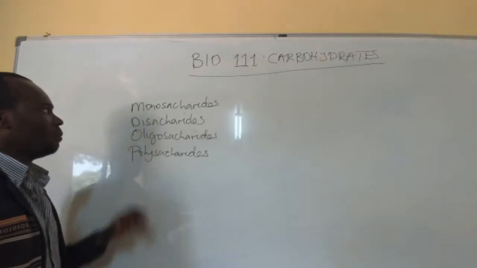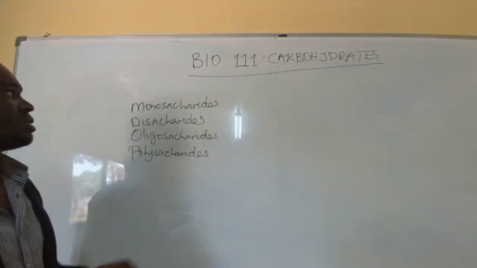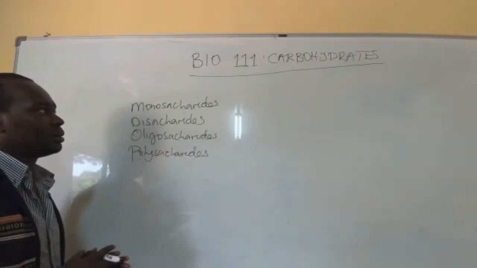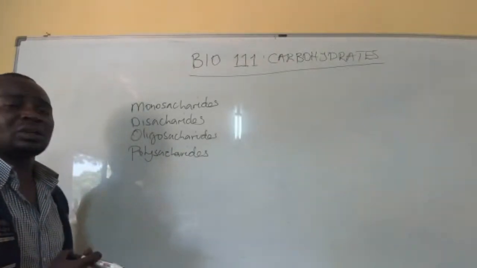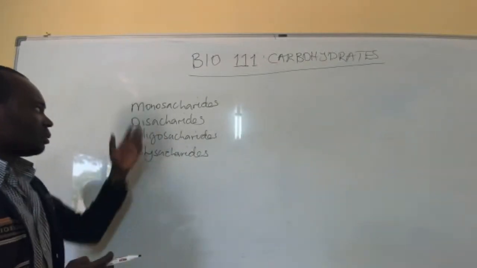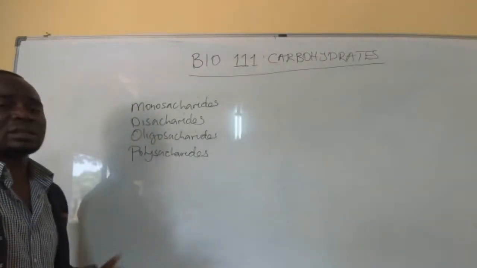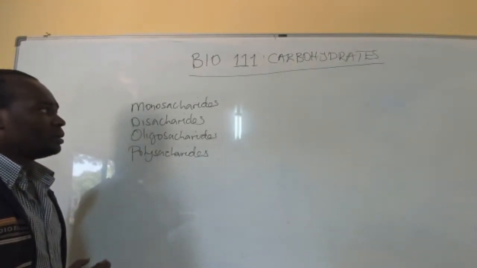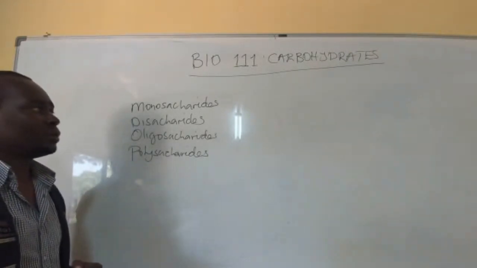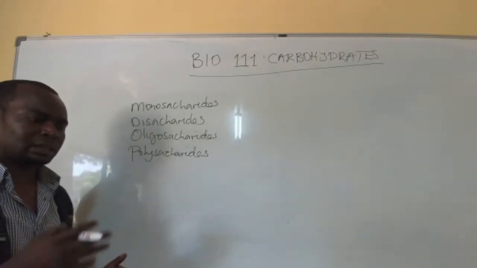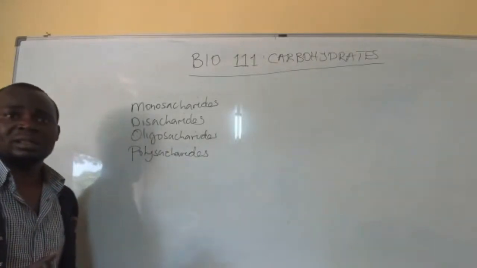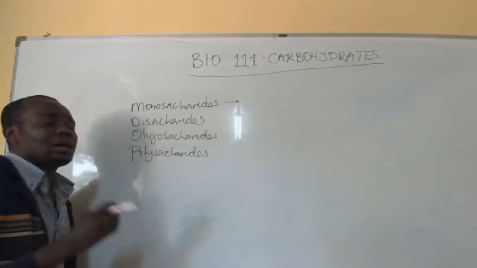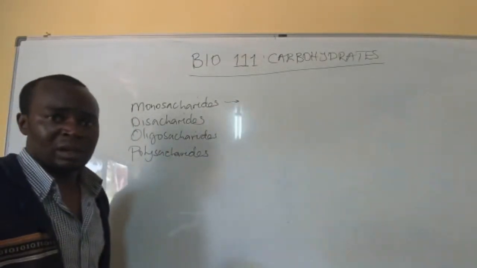By definition, monosaccharides are single sugars that are usually simple. Some common examples are the hexoses and pentoses. To be more precise, glucose and fructose are examples of monosaccharides because these are single sugars.